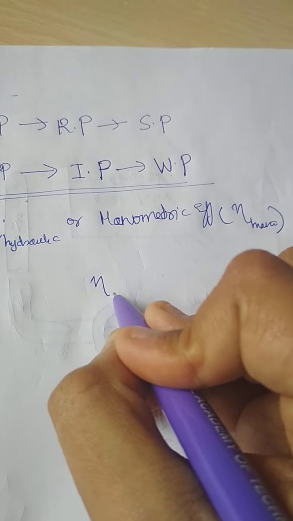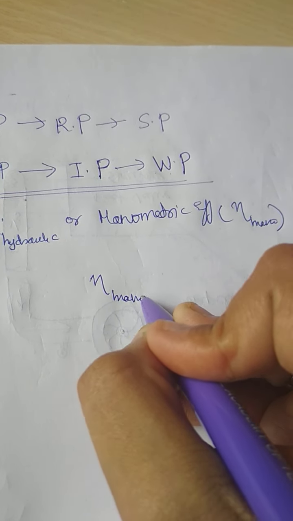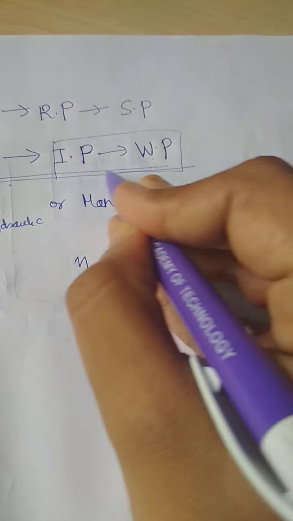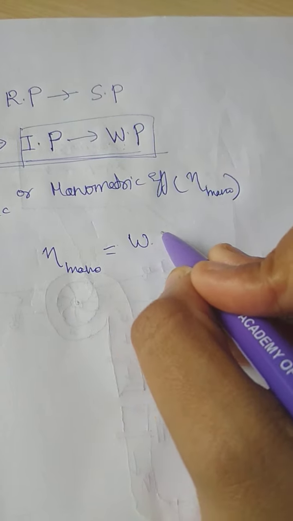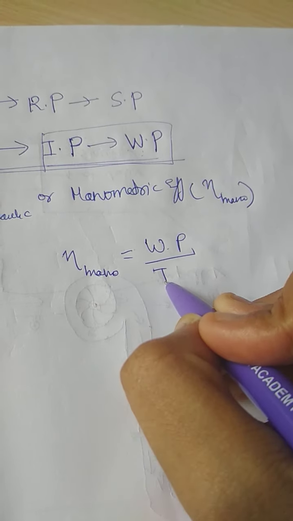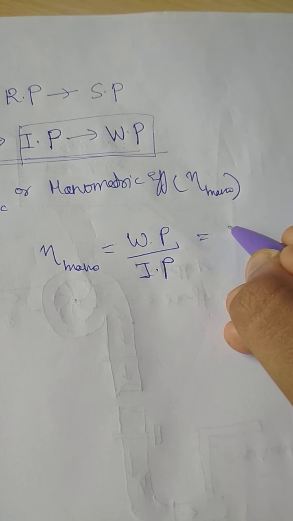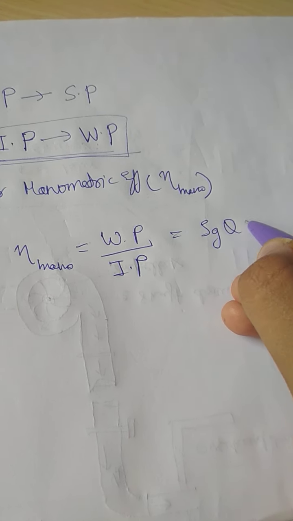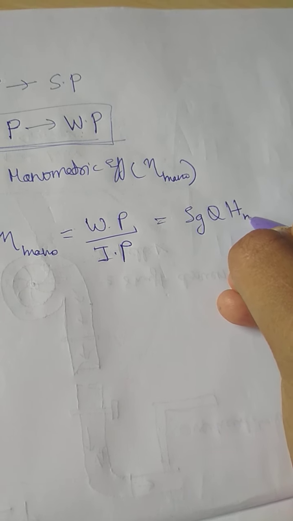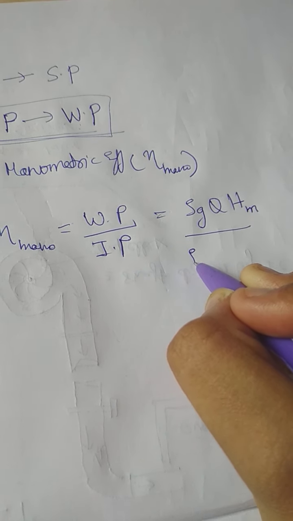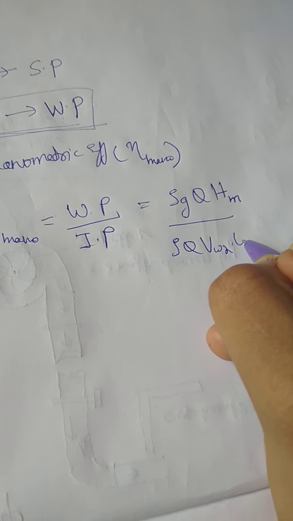So eta mano or eta hydraulic is equal to output power by input power. What is the output power? It is water power. What is the input power? It is the impeller power. So we have output water power as rho g q into h. Here the head is manometric head, so we call it hm. Impeller power we have derived as rho q vw2 into u2.